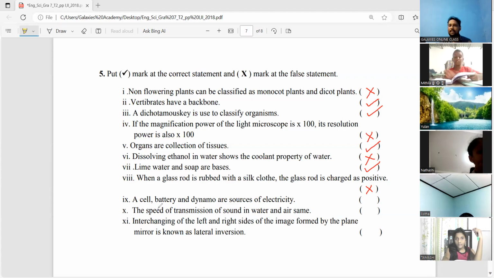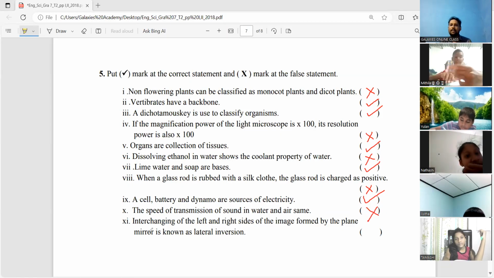Number 9, a cell, battery and dynamo are sources of electricity. Correct or incorrect? It is correct. Right? Electricity ගන්න පුළුවන් දේවල් නේද? The speed of transmission of sound in water and air is the same.